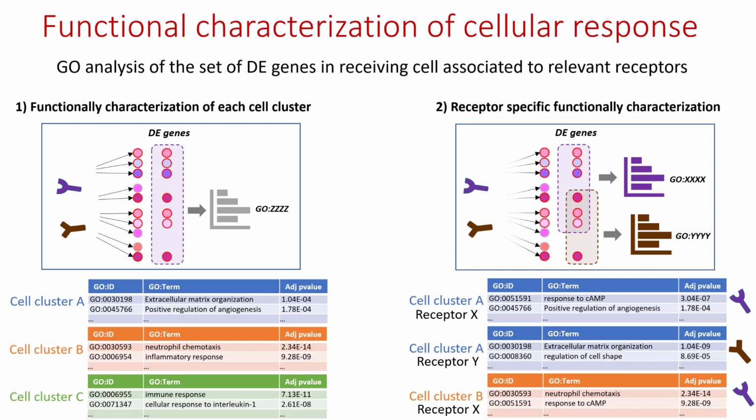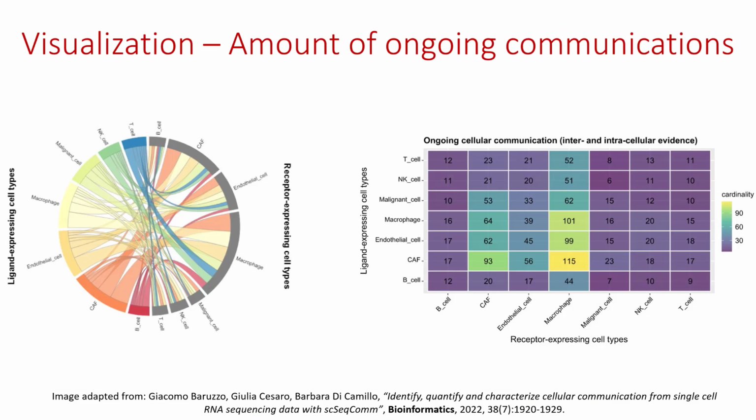The method can provide a functional characterization of biological processes associated to the detected communication in each cell cluster, as shown on the left, and even similar results stratified by each receptor, as shown on the right, so the list of enriched biological processes in each cell cluster that were identified using the downstream differentially expressed genes associated to a given receptor. The tool also provides several visualizations of the results.